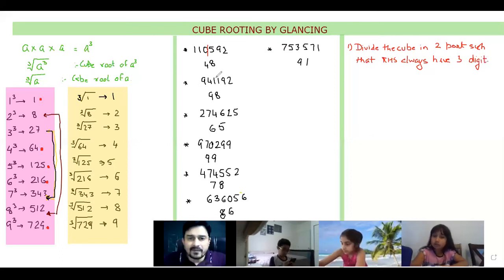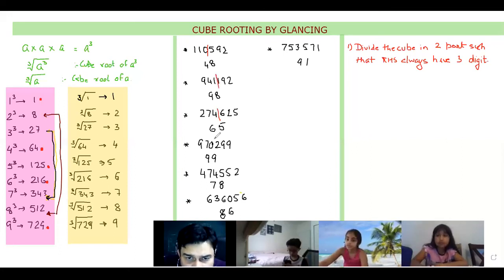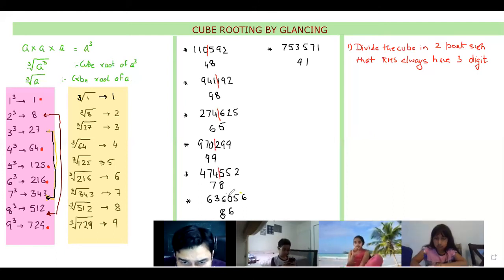Like if I have to divide this number, I will divide it into 2 parts like this. RHS will always have how many digits? 3 digits. First step is clear?